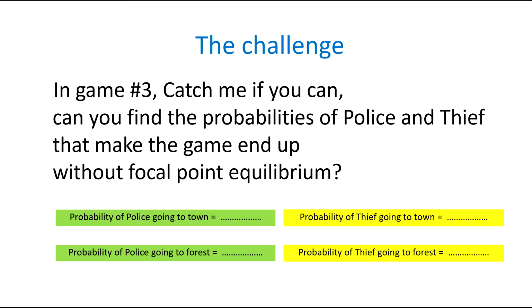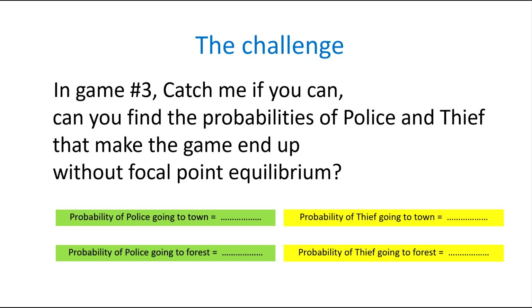I have a challenge for you. In game number 3, catch me if you can, can you find the probabilities of the police and the thief that make the game end up without a focal point equilibrium? So you answer: the probability of the police going to town is how much, the probability of the police going to the forest is how much, and also the probability of the thief going to town and the probability of the thief going to the forest.